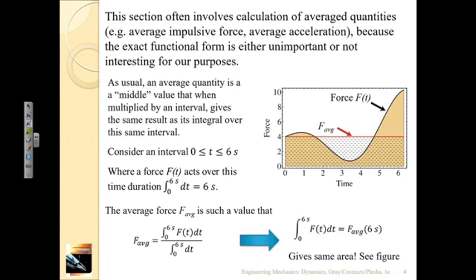All right, so let's talk about this idea of average force when we're looking at impulse. We've got our ball at state 1 again, and it's traveling with some velocity. I'm applying some force to it. If I'm doing impulse momentum, I've got the mass of this ball multiplied by its velocity plus the integral of this force with respect to time between state 1 and state 2.